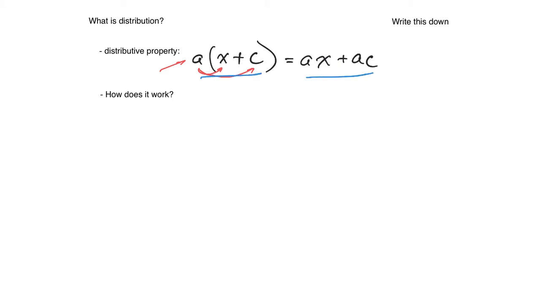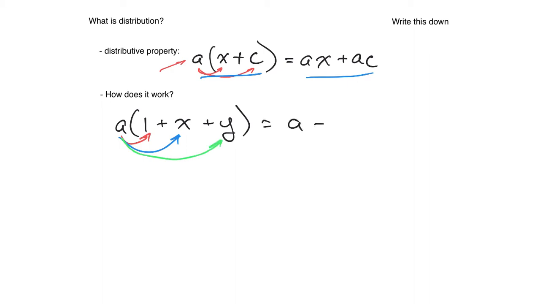That means a is being multiplied times everything in there, and I can have numbers, variables, I can go on and on. A is just being multiplied once to everything inside the parentheses. I have a plus a times x plus a times y. All right? Let's see this in action with some sample problems.